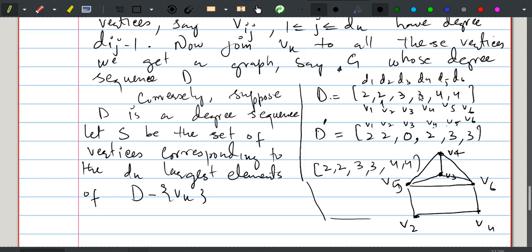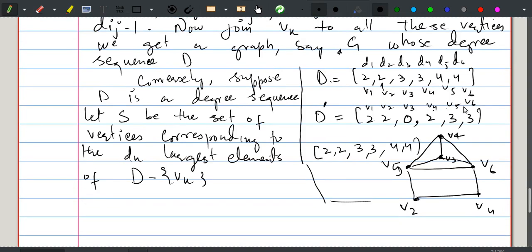Now corresponding to 3, 4, 4, the corresponding vertices are v4, v5, v6. So in this case, this set S contains the vertices v4, v5 and v6. Note that this vk is the vertex which is laid off.